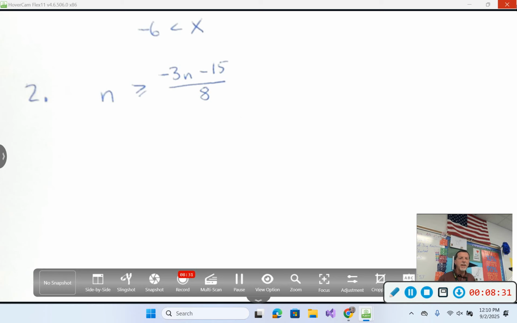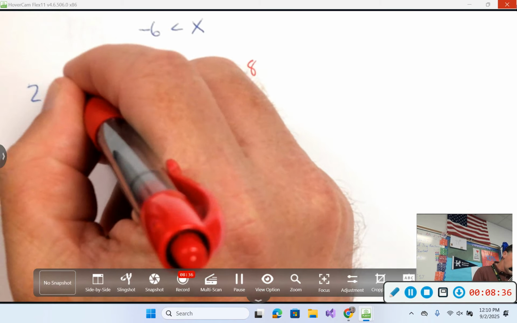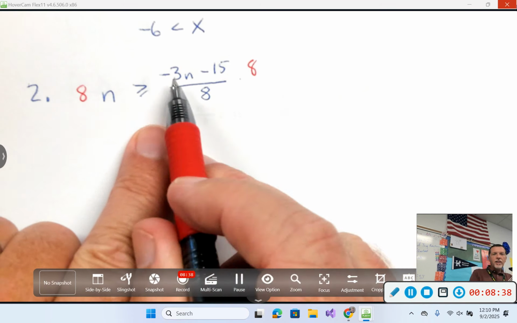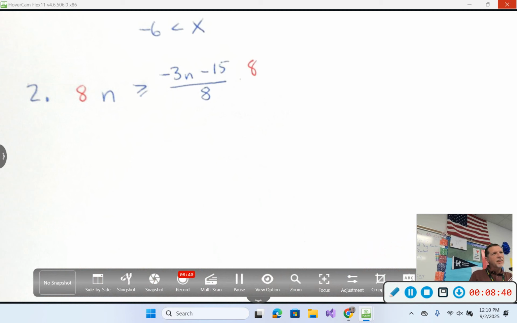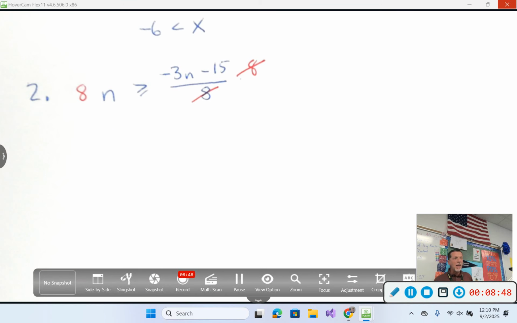Let's multiply by 8. Get rid of the 8. So do I need to do 8 times 3 and 15 times 8? Why did I multiply by 8? To get rid of the 8 in the bottom. I mean, I am multiplying, but it cancels. So I don't have to worry about it.